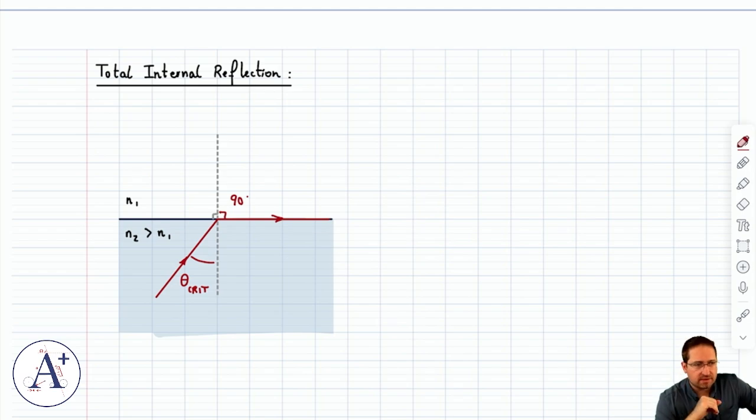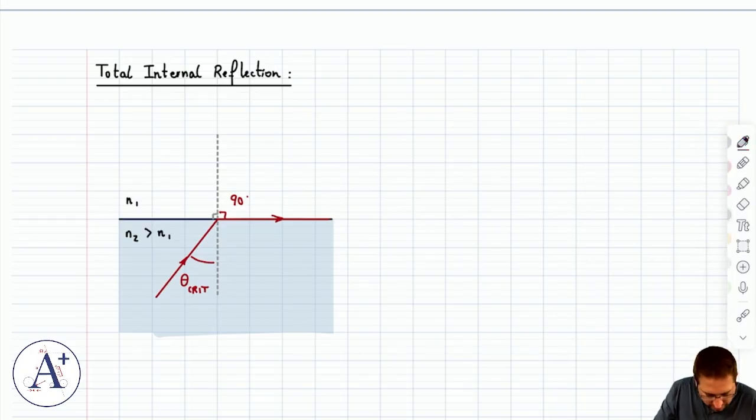So this is the limit between having refraction, and you could argue you kind of have a refracted ray, at 89.99999 degrees from the normal, but it's still there. Light still enters air.